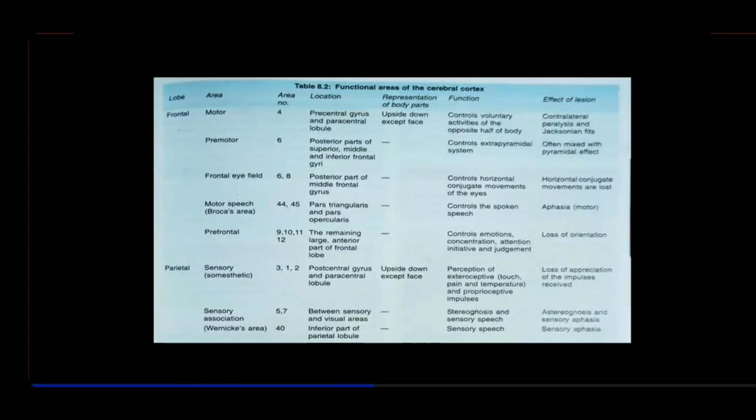Okay, then the premotor area is area number 6, right? This is the posterior part of the superior and middle and sometimes inferior frontal gyrus also. The exact representation of the body part is not there, and it controls the extrapyramidal system, right? The extrapyramidal system, as you've been taught, is sometimes inhibitory also, to smoothen your activities.